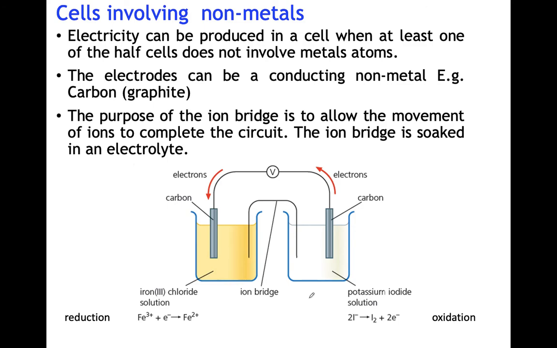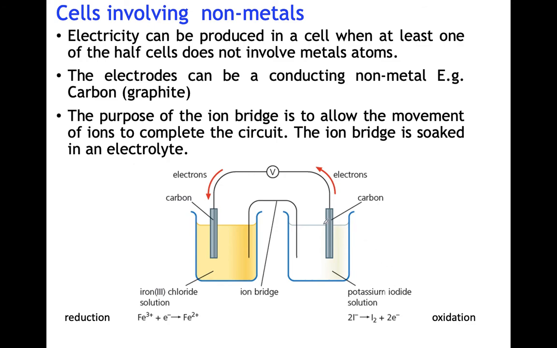And we would also have an ion bridge, again, to allow the movement of ions to complete the circuit. The ion bridge is soaked in an electrolyte. So what we have here is an example of such a cell.